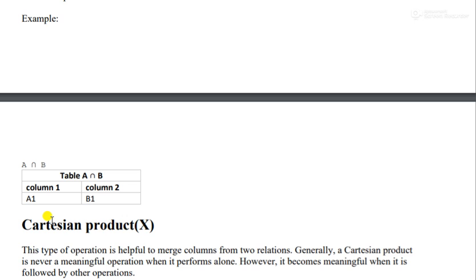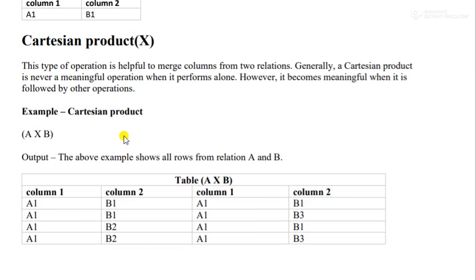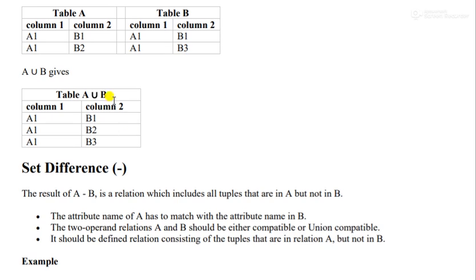Suppose I again take my same tables and want to find A cross B. In that case, a1 b1 will be combined with the first row, then a1 b1 will combine with the second row a1 b3. So my answer will be a1 b1 a1 b1, and the next row will be a1 b1 a1 b3.